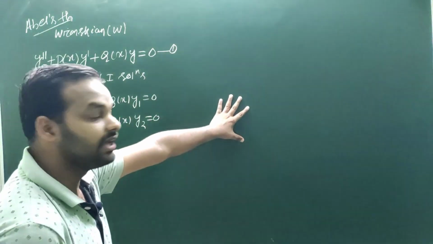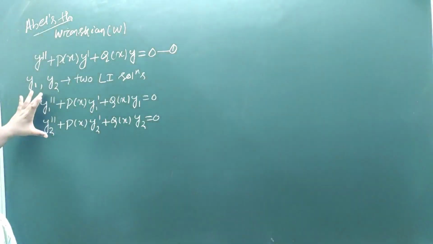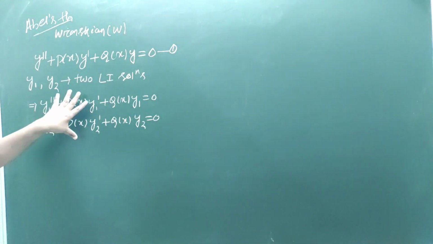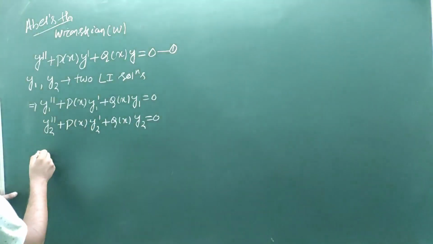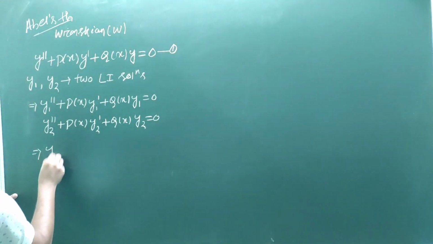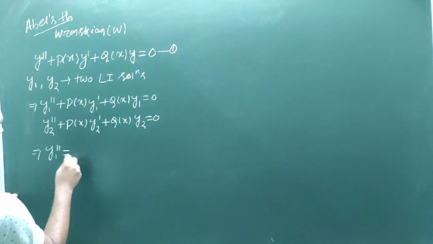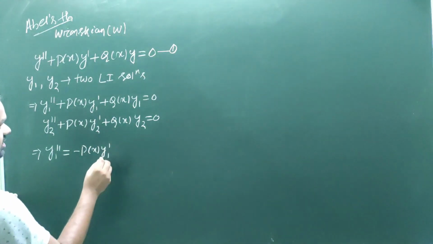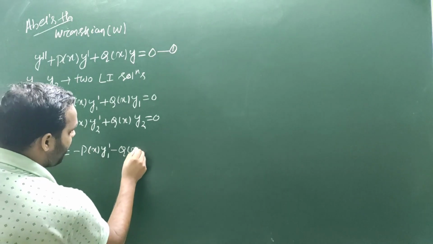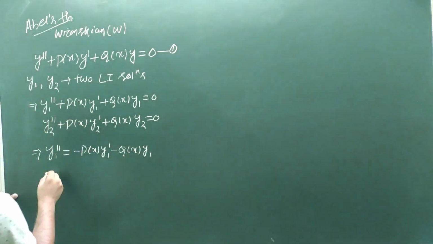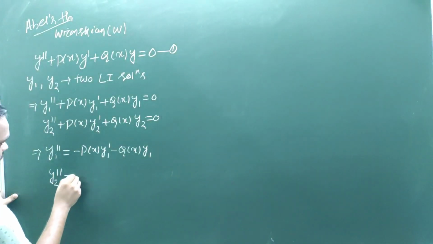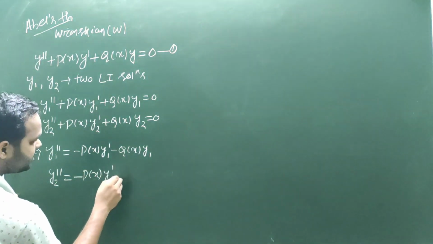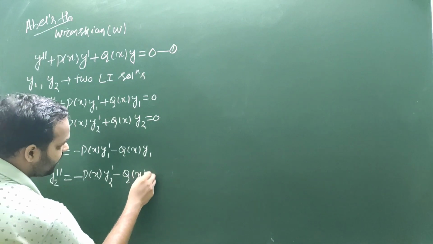Because in a later step you have to know y1 double dash and y2 double dash. So from these equations we will get these two values, and later we will use them. So y1 double dash can be written as minus p of x y1 dash minus q of x y1, and y2 double dash is equal to minus p of x y2 dash minus q of x y2.